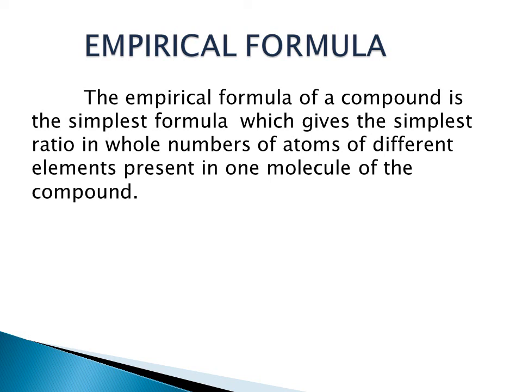Let us revise. The empirical formula of a compound is the simplest formula, which gives the simplest ratio in whole numbers of atoms of different elements present in one molecule of the compound.